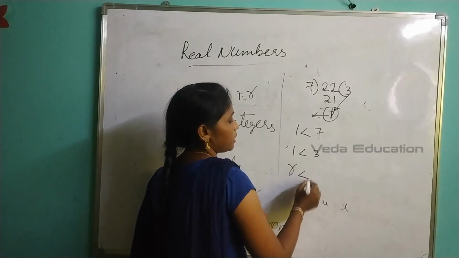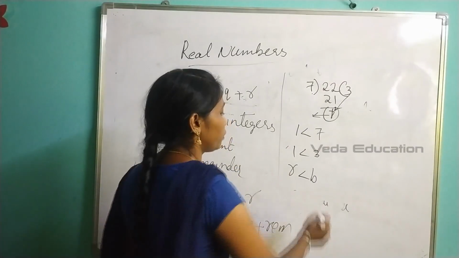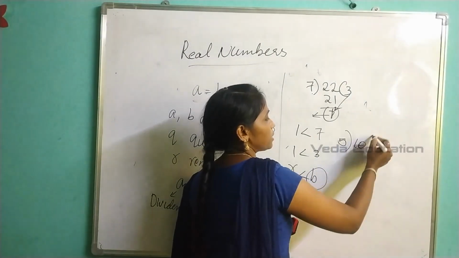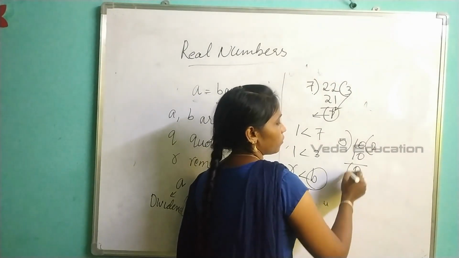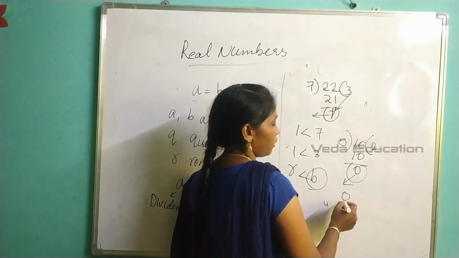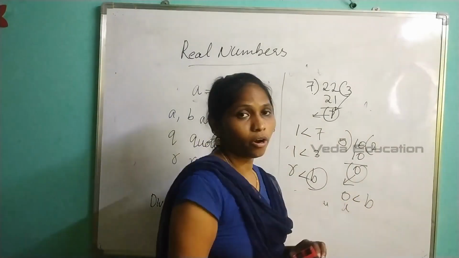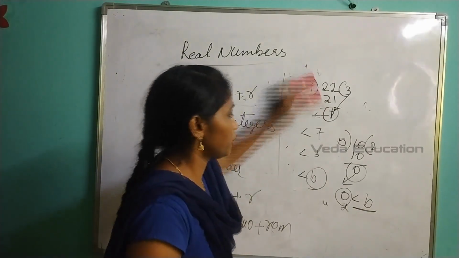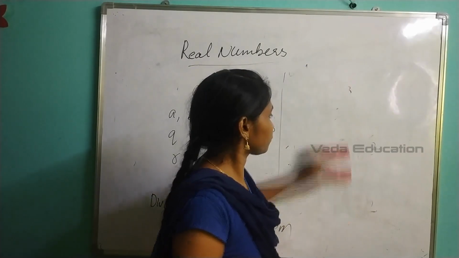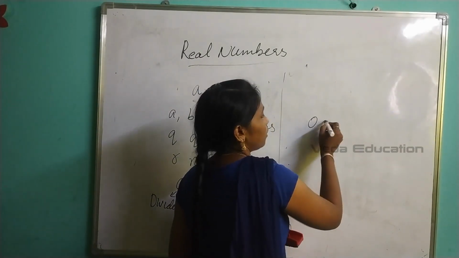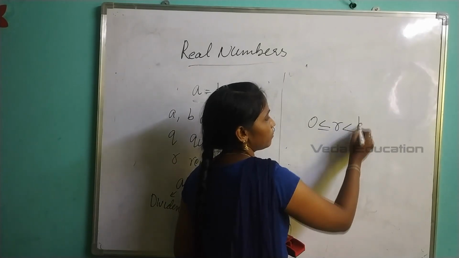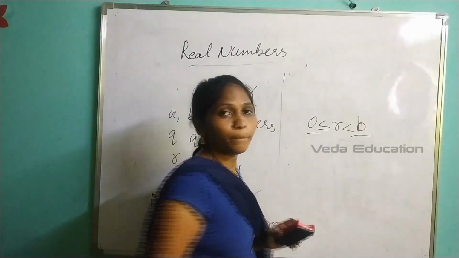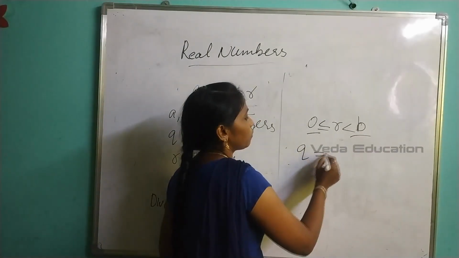So R is less than B. In some cases we will get the remainder as 0. So R can be 0 or less than B. From this we got one condition: 0 less than or equal to R, less than B. This is our condition. Next, the Q value is not equal to 0.